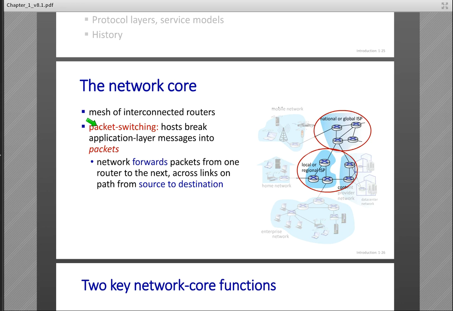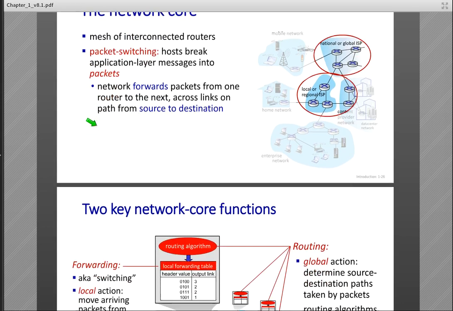The network should find the path from the source to the destination and then forward those packets toward the destination. This is the network core.